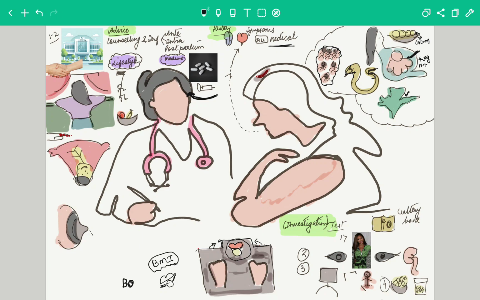Now, slowly, the doctor will start giving his opinion. The opinion will contain a lot of parts. Firstly, the doctor will tell her about the investigations which need to be done.